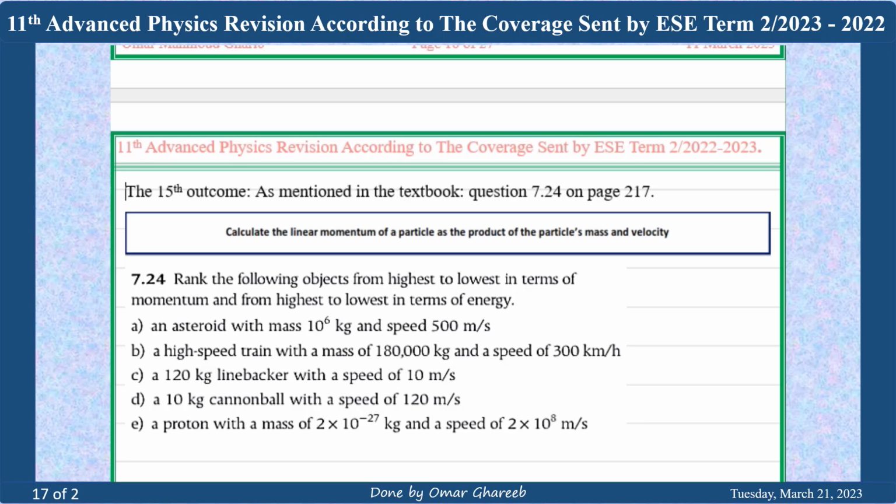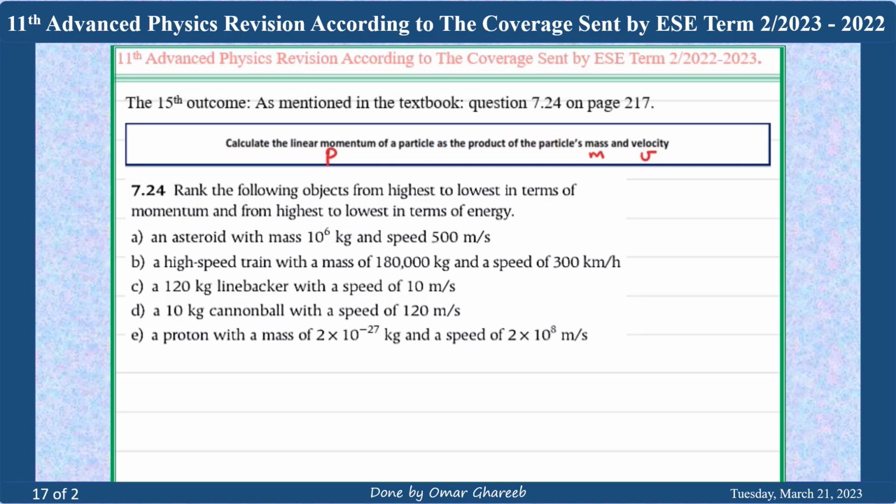So we need P as the product of the mass m and velocity v. Rank the following objects from highest to lowest in terms of momentum and from highest to lowest in terms of energy. So we need to find the energy and the momentum for each case.